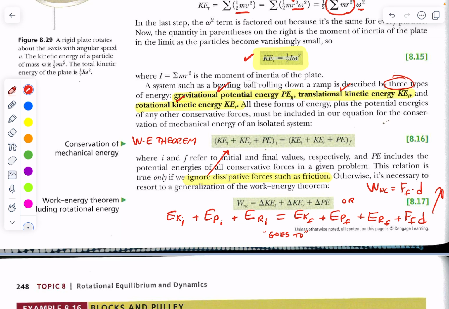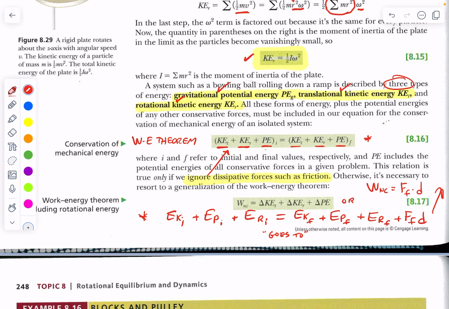And so one way to define the work energy theorem now is to talk about the kinetic energy that I might have at the beginning of my problem, and the potential energy I might have at the beginning, the rotational kinetic energy I might have at the beginning, and then look at the end of the problem and look at their final values. And the way I usually like to think about this is expressed down here.